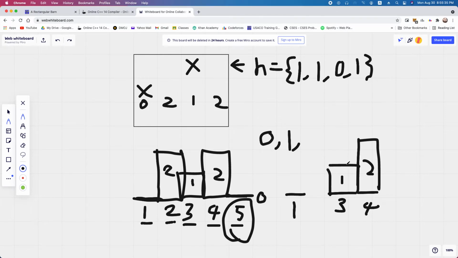So this 1 can definitely span outside to here, because anything with a height of 1 should be included in anything that has a height higher than 1. So we should always look at the current element that we're looking at, not the index of the stacks, because the stacks can be popped out and then it will be smaller again.